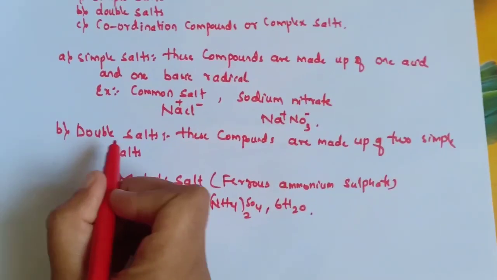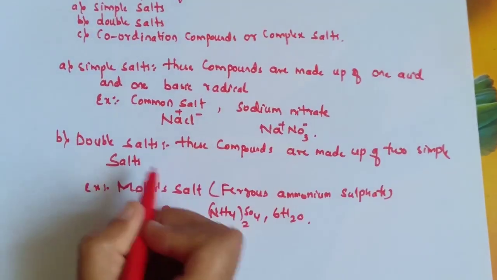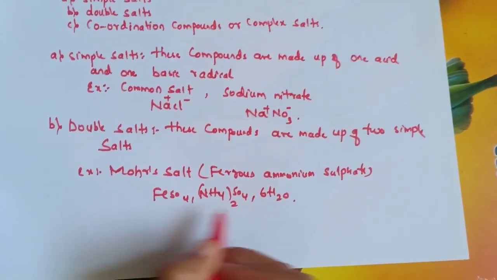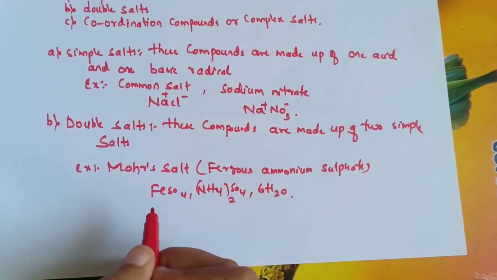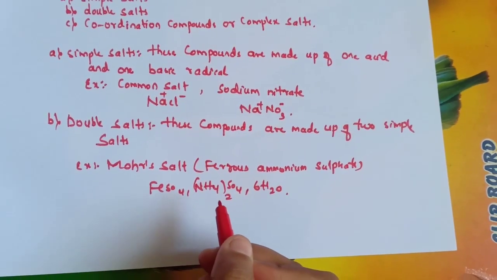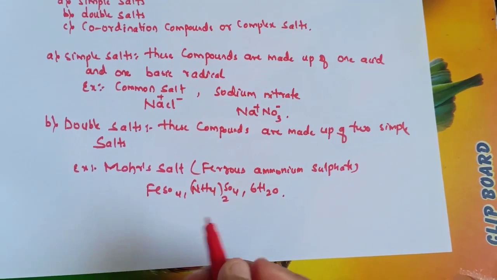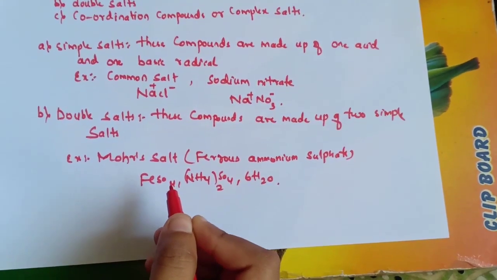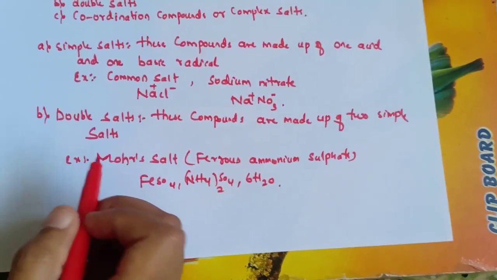As I said, double salts are made up of two simple salts. Here FeSO4 is a simple salt consisting of one acid radical and one basic radical, and (NH4)2SO4 is another simple salt consisting of one acid radical and one basic radical. The combination of two simple salts is called a double salt.